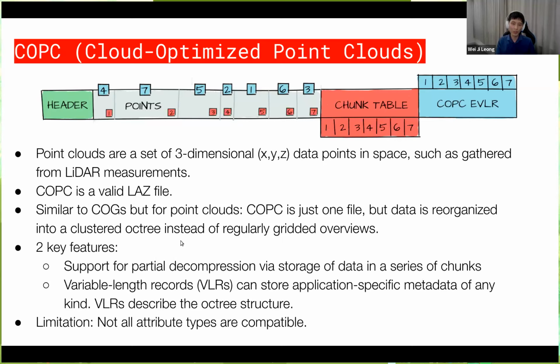Octrees are kind of like the overviews in a cloud optimized GeoTIFF. I won't go into too much detail here, but check out COPC if you're interested in LiDAR data. There's also another cloud optimized format called Entwine Point Tiles, which I won't cover today, but those are the two options you have for cloud optimized point clouds.